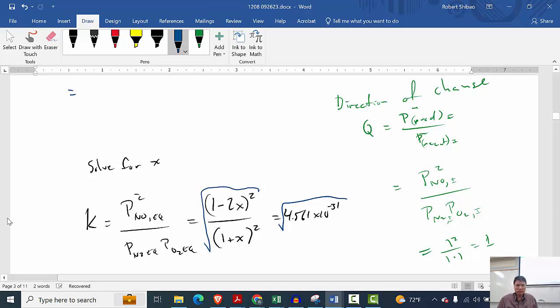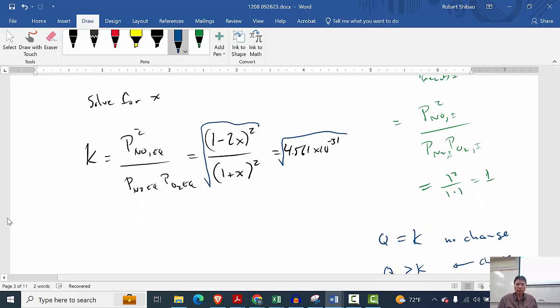So the square root of 4.561 times 10 to the minus 31 is 6.7535 times 10 to the minus 16. So simplifying this, I'm going to get 1 minus 2x is equal to 6.7535 times 10 to the minus 16 plus 4.561 times 10 to the minus 31 x.